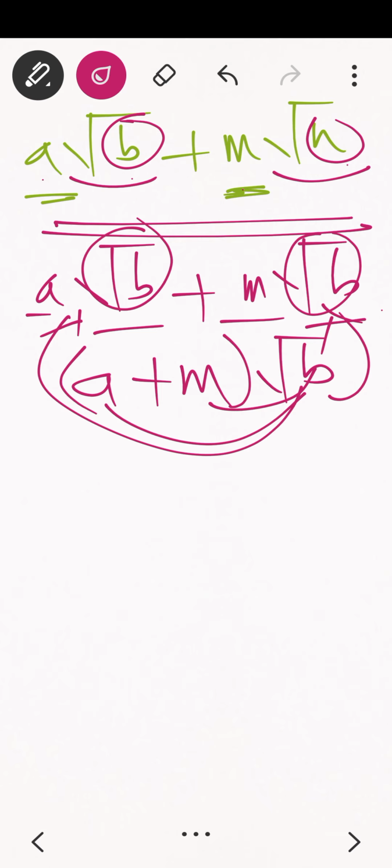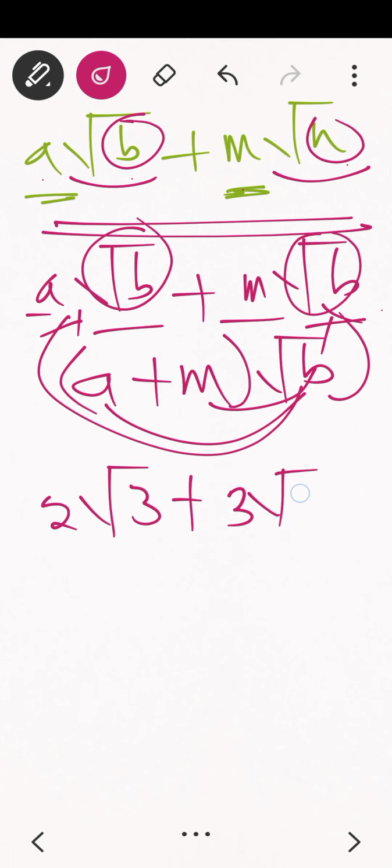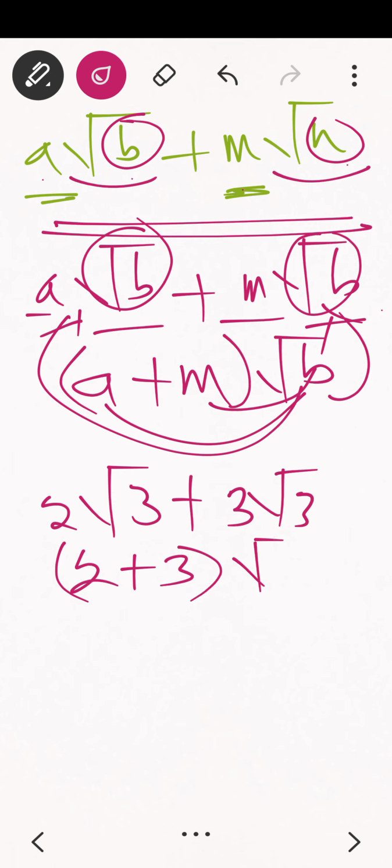If the sets are like, for example, if we have 2 root 3 plus 3 root 3 like we did earlier, what we can do is that we add 2 and 3, then we multiply it with one of the sets. So in that case, we have 5 root 3. So that is what we did.